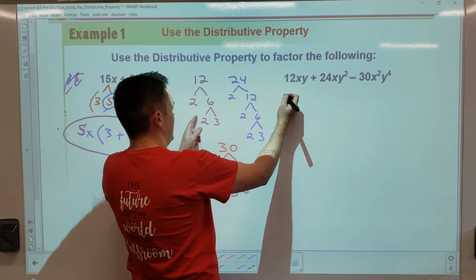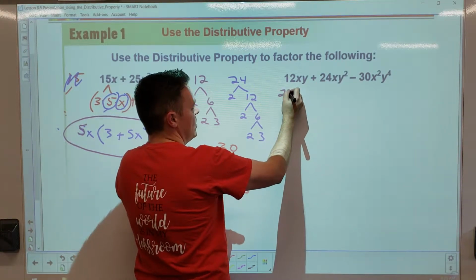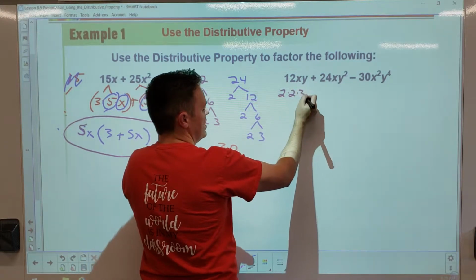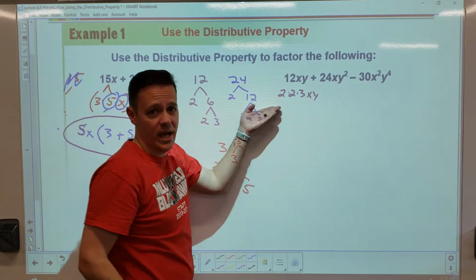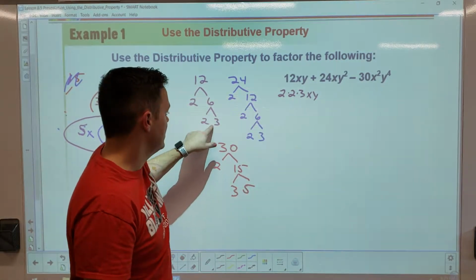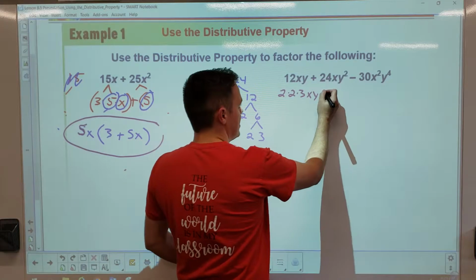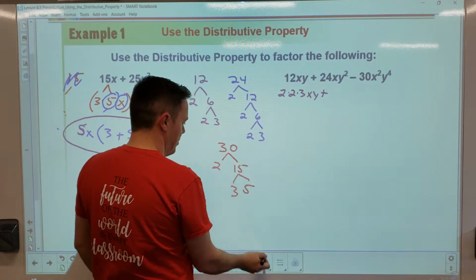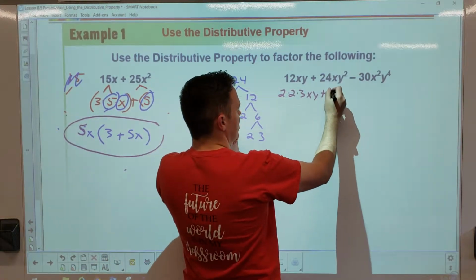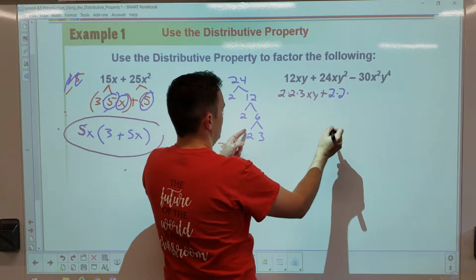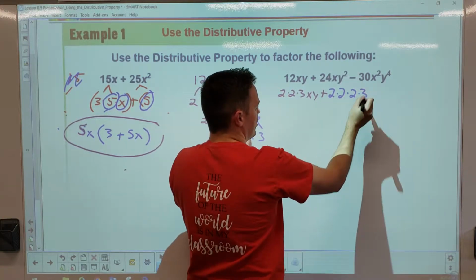So what we have is 2, 2, and a 3. So 12 is 2 times 2 times 3, and then we have an x and a y, okay? You guys see that? We took these pieces here, we put them over there. And it's going to be plus, and I did that in blue, so let me go back to blue. It's going to be 2, another 2, and a 3, right?